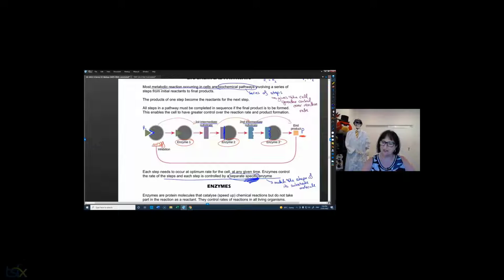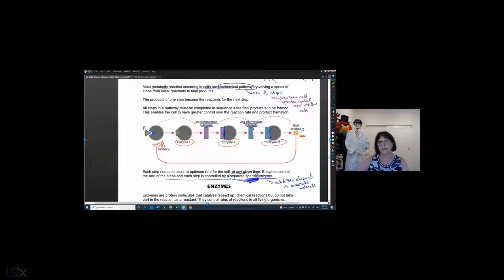The enzyme matches that. So what we've got to control these reactions are enzymes. And enzymes have unique specific shapes. That's why enzyme 1 can only do that first step. Enzyme 1 cannot do the second step. It doesn't match the shape of the substrate. Enzyme 3 can't do the first step. It doesn't match the shape of the substrate.